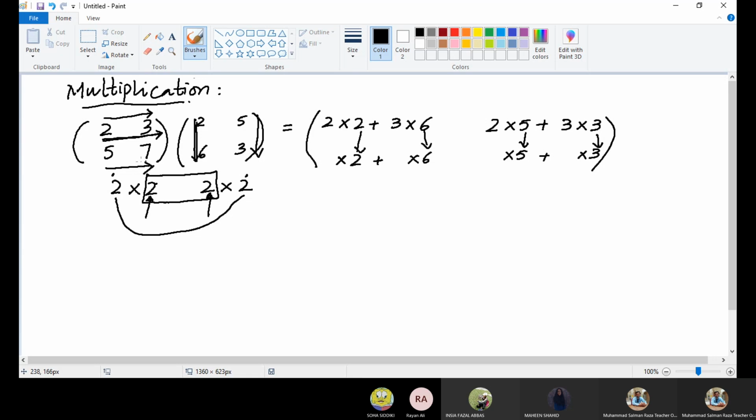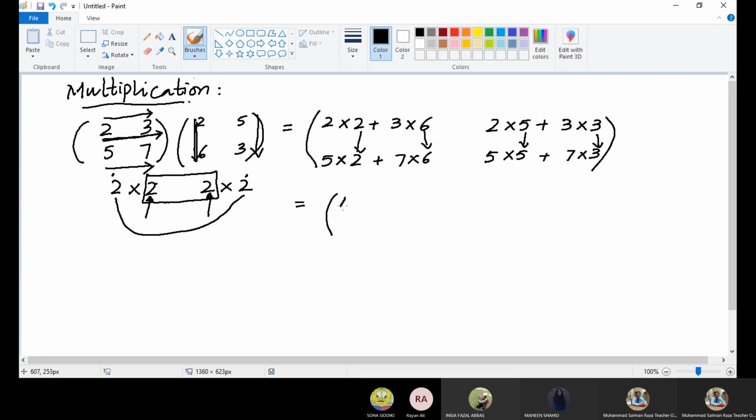So I'm going to write the second row, which is 5 and 7, so a 5 and a 7 and a 5 and a 7 over here. And we are going to find out the final answer now, and whether the resultant matrix is of the order 2 by 2 or not.